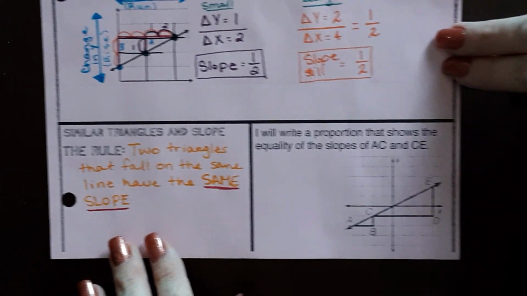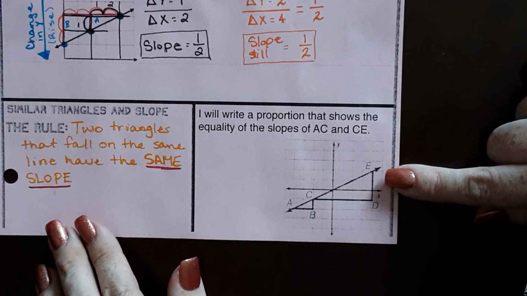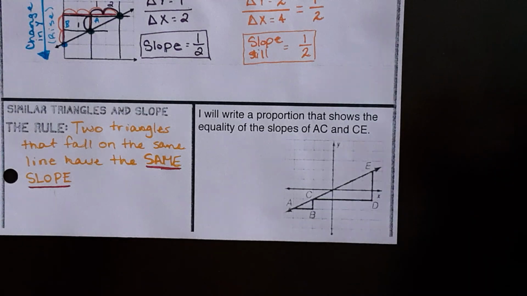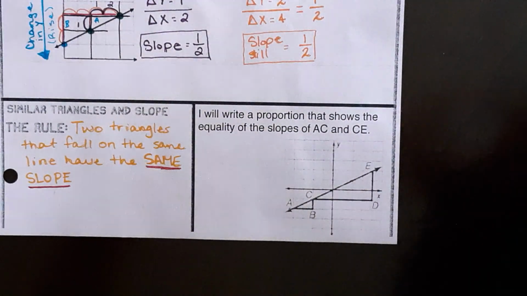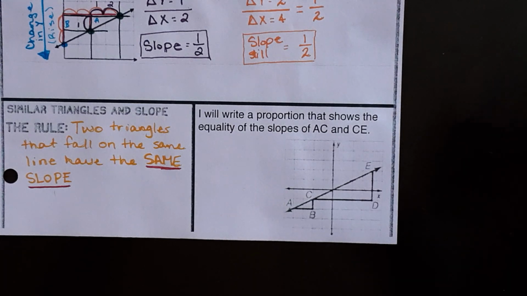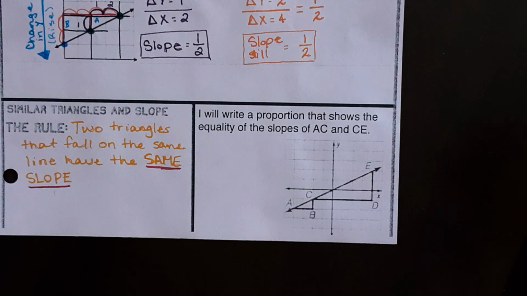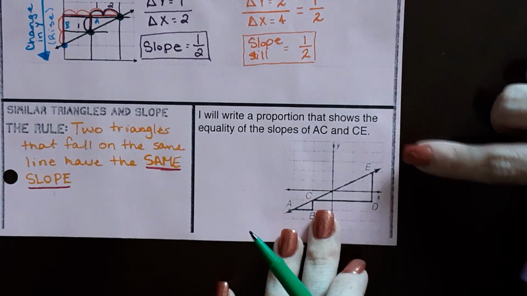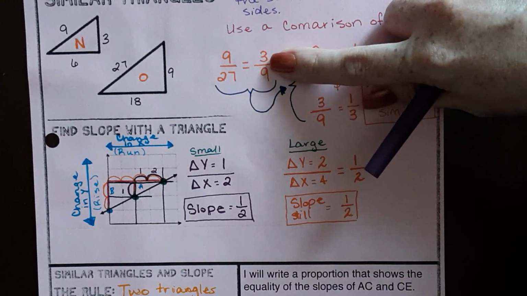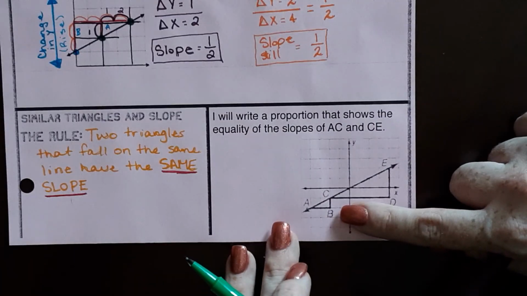Here I have a problem for you to solve. It says, write the proportion that shows the equality of the slopes of AC and CE. So that means you're going to do this on this triangle.